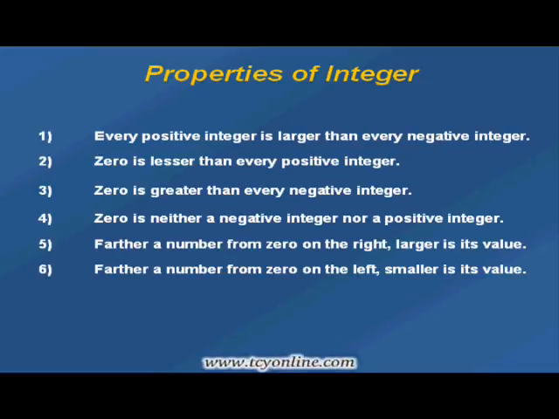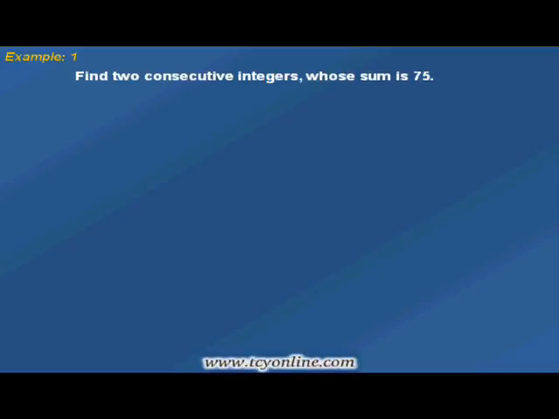Sixth property states that farther a number is from 0 on the left side of the number line, smaller is its value. Let us understand by an example. Negative 7 is farther from 0 as compared to negative 4. So negative 7 is lesser than negative 4.